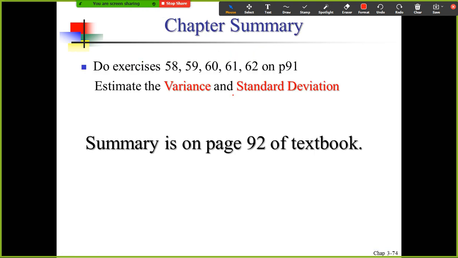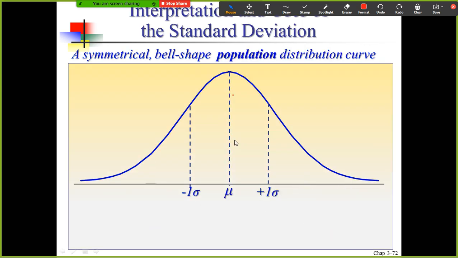Okay, come to the last of this chapter. This is also homework. You have two homework today.